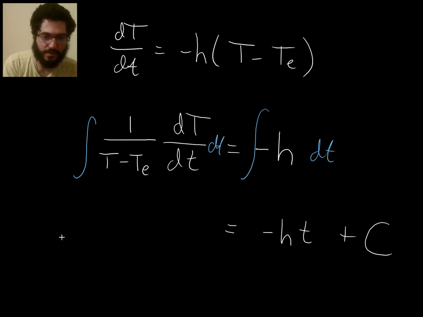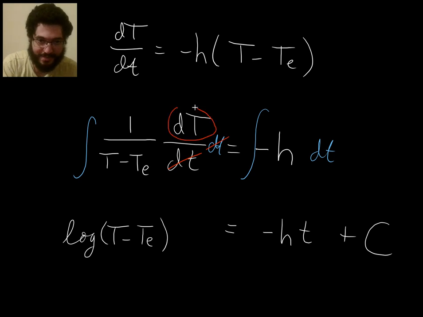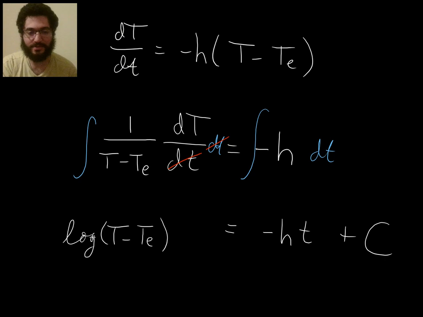And then as I work out the left side, I get log of T minus T sub e, plus c. And, oh, I forgot to point out, we did this, and the integration became an integral with respect to big T. So that is how that happened.